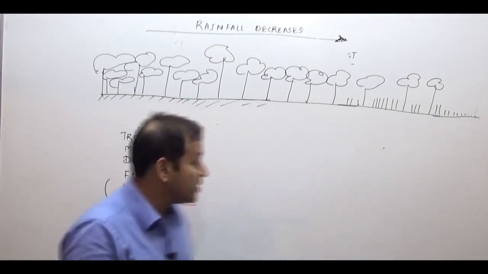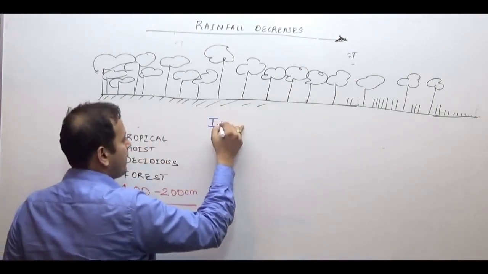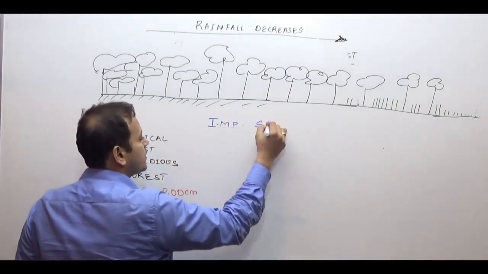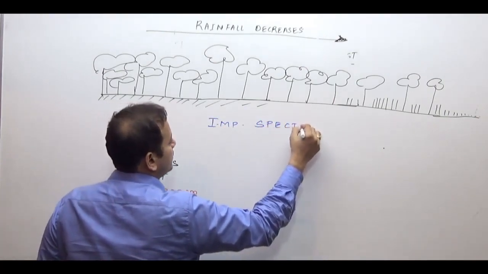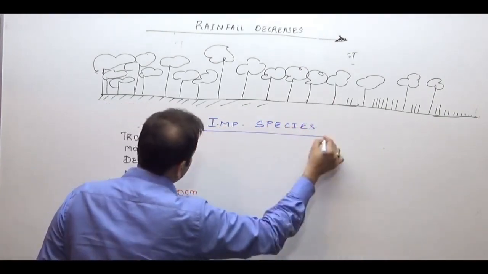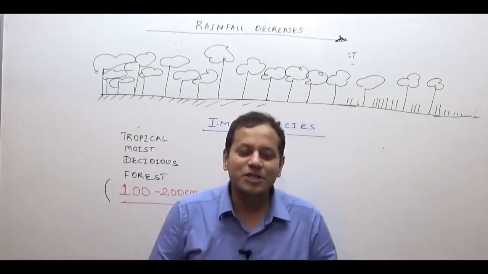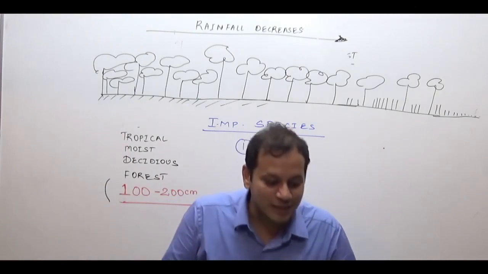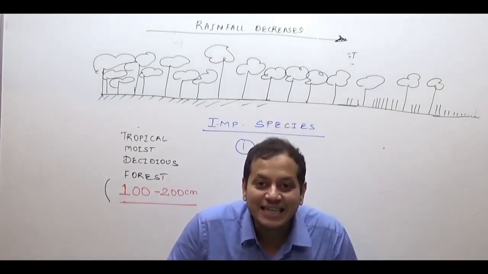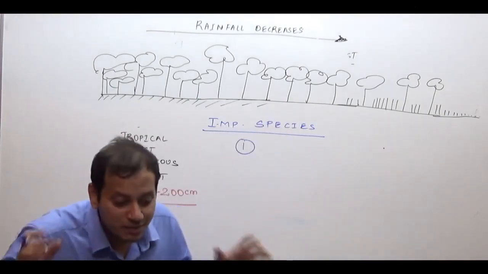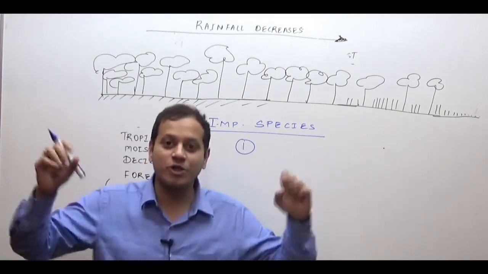The important species which are found in this region: the most important, commercially the most valuable species, is teak.